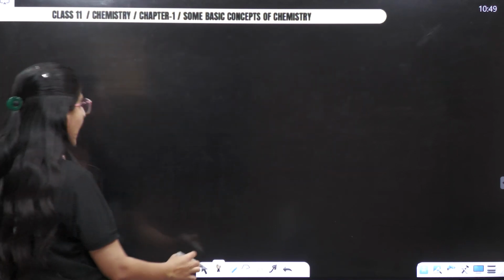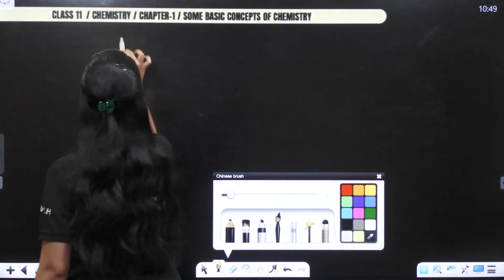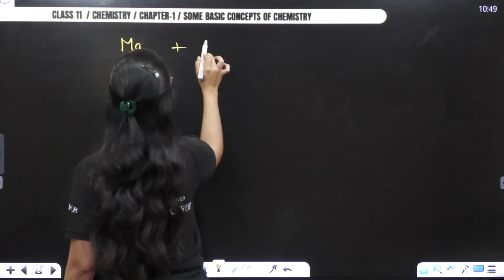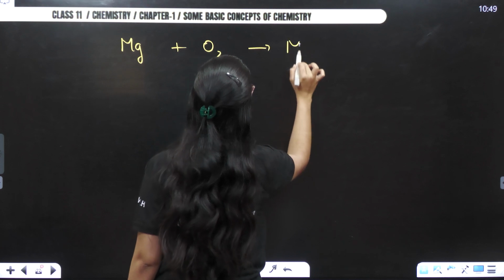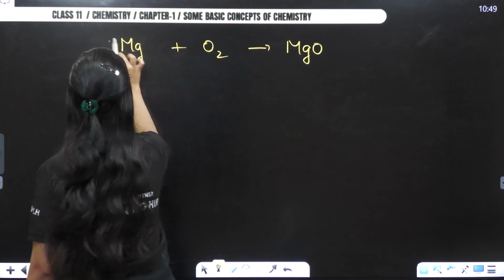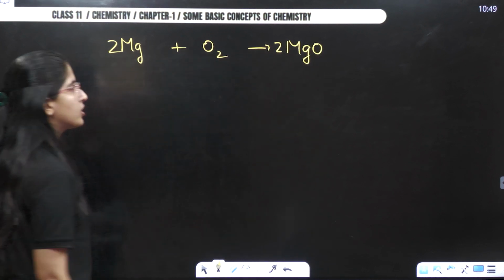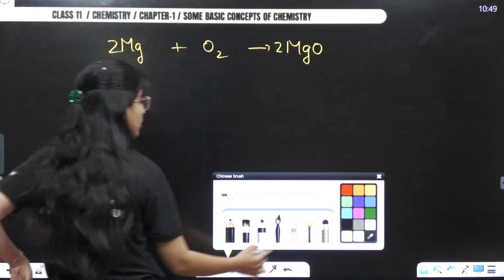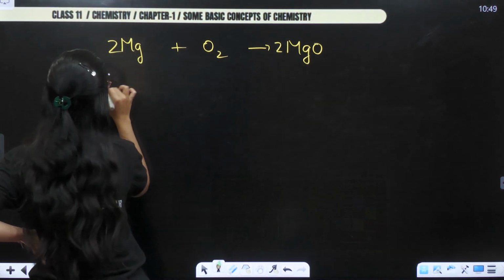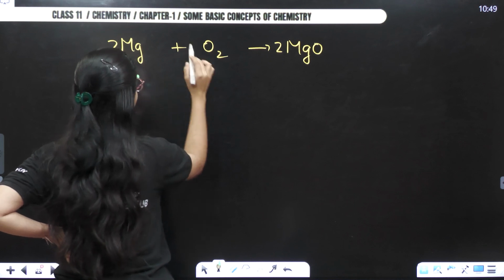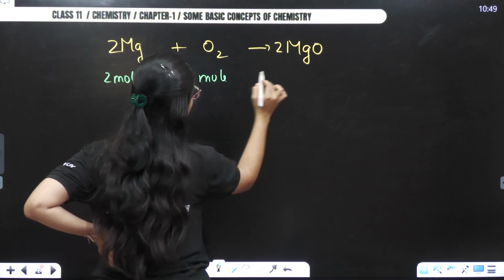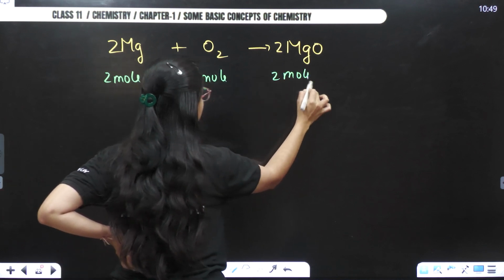So see, what will happen actually when you burn magnesium with oxygen? You will get magnesium oxide, MgO. So now let us balance it. So you will get this equation. From this equation, you can say that 2 moles of magnesium react with 1 mole of oxygen to give 2 moles of magnesium oxide.